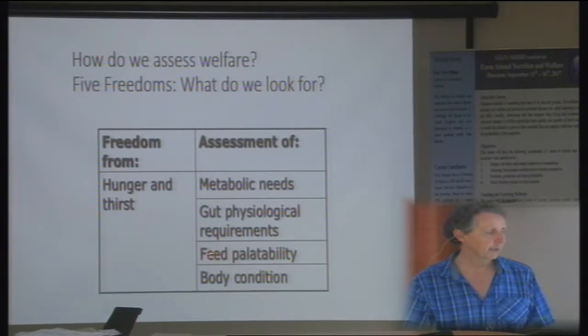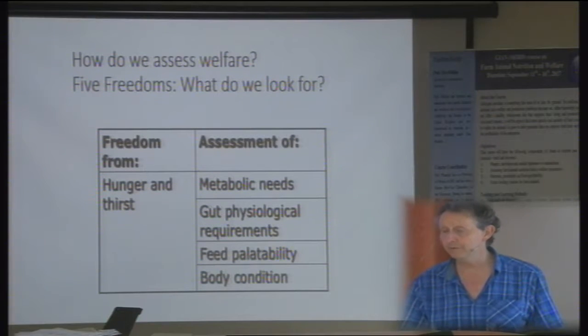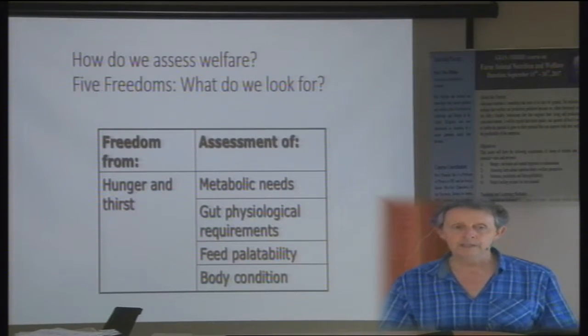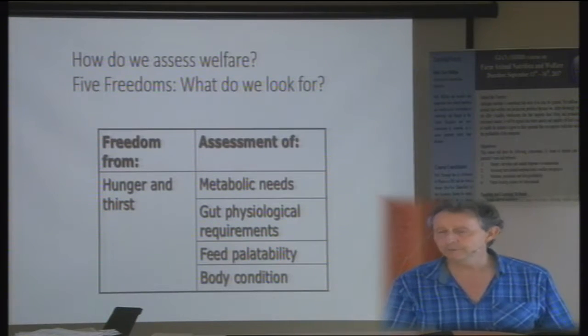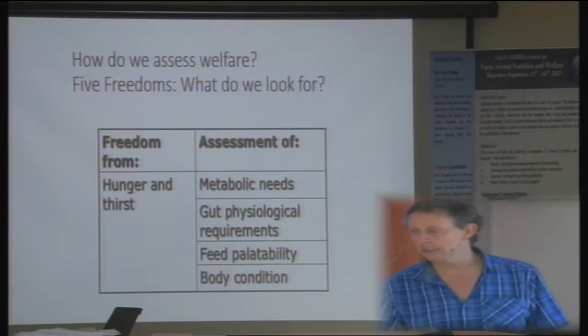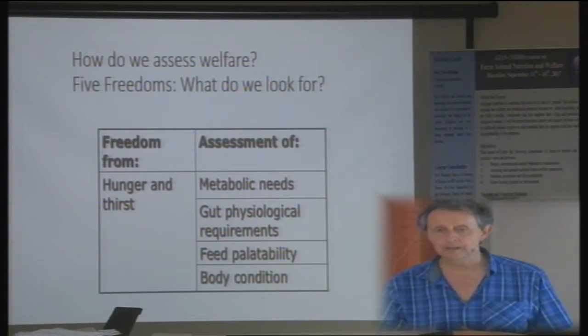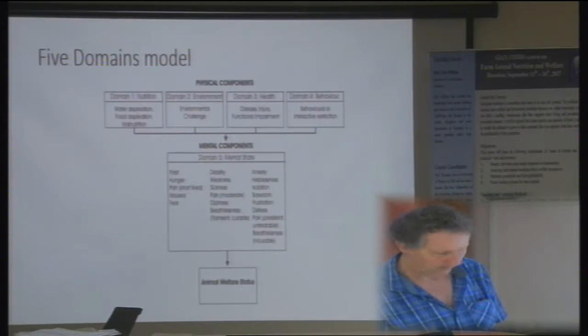We're also looking for the feed to be palatable. We can measure feed palatability from the animal's rate of intake. If it eats it very fast, we say it's a palatable food. And then we also need to look at the animal's body condition as one of the most direct measures. We've talked about that quite a bit through the course.